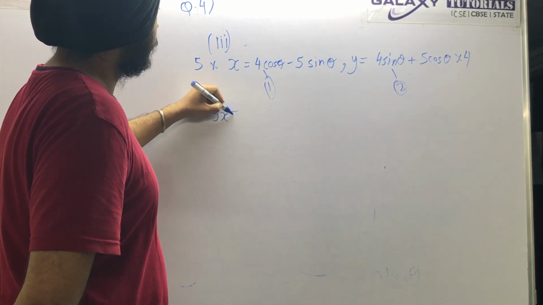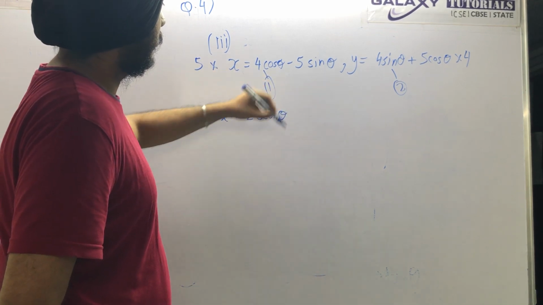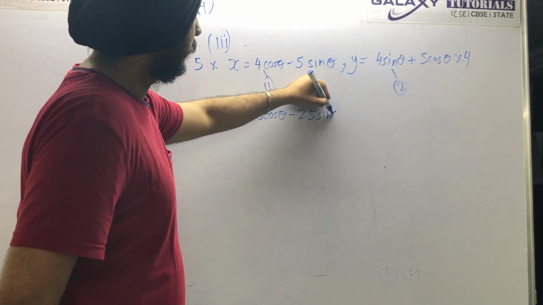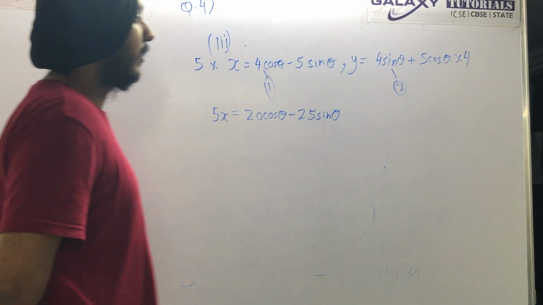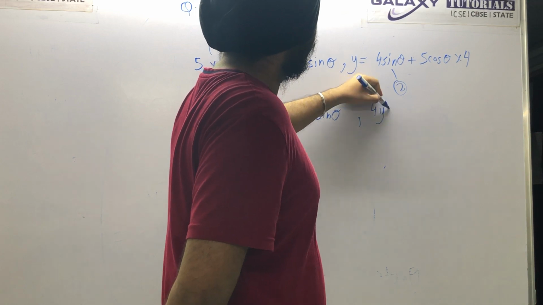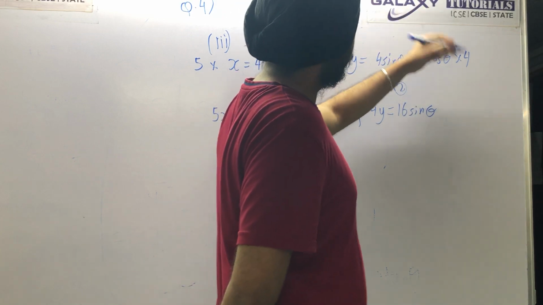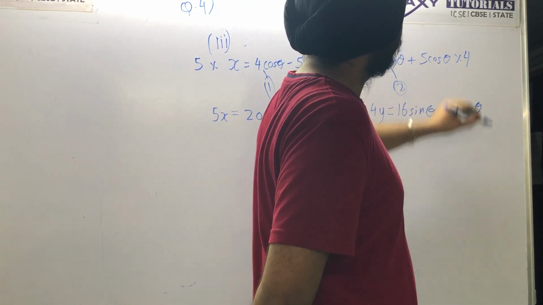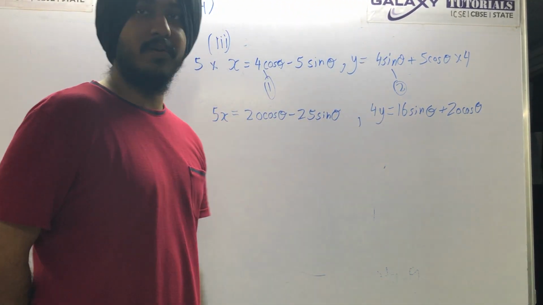5x is equal to... yes, this is after you multiply with 5. And 4y... see, both equations have 20 cos theta and 20 cos theta.